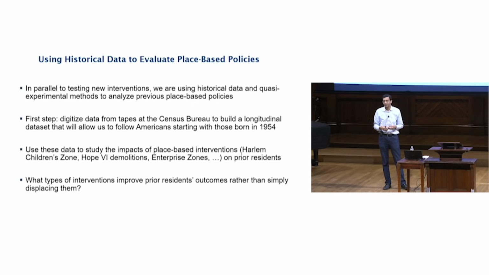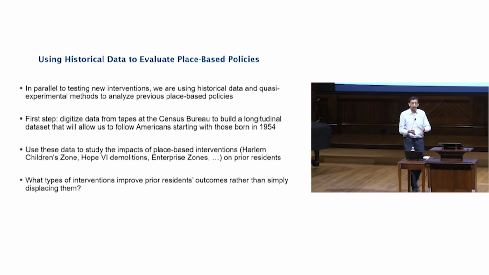There are hundreds of such things. And importantly, you can analyze using that historical data what the impacts were on the people who were there before you implemented these interventions. That is, on the prior residents, as I've been emphasizing. That's the critical thing. So specifically, you can ask what types of interventions improve prior residents' outcomes rather than just displacing the low-income people who lived in a given place to a different neighborhood.